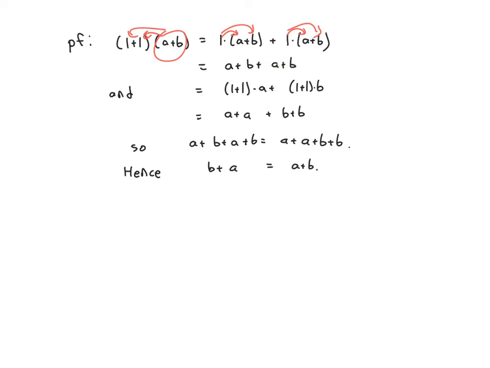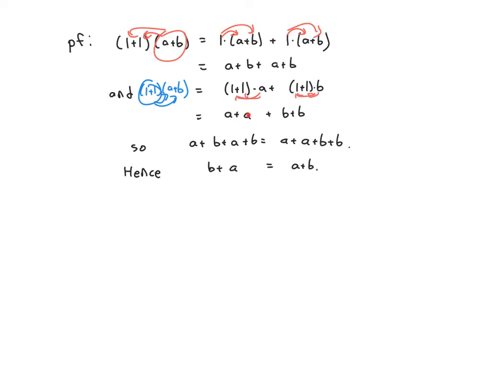On the other hand, an alternative approach that's equally valid would have been to distribute the (1 plus 1) terms first. To get (1 plus 1) times A plus (1 plus 1) times B, and then to distribute the A term and the B term.